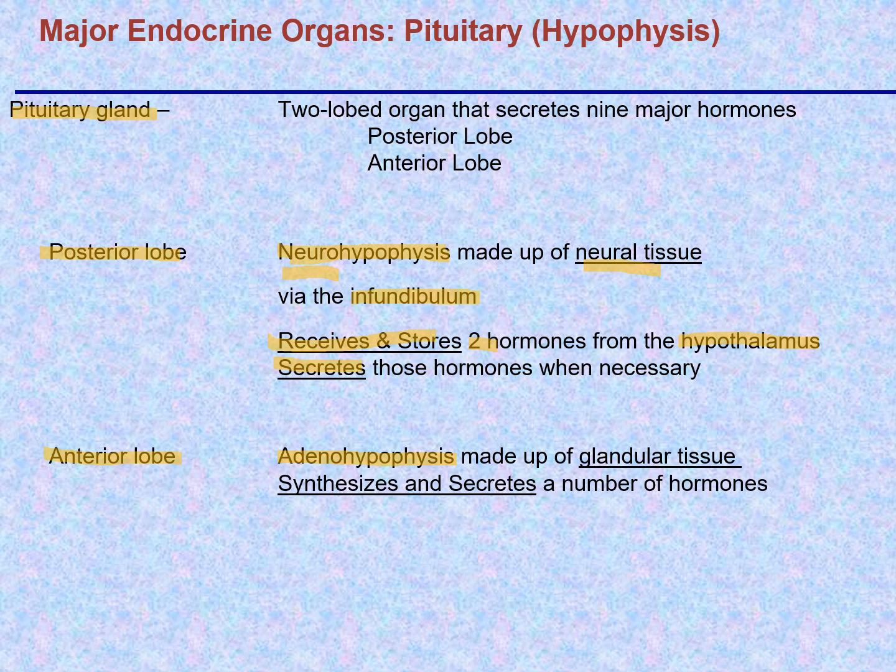The difference being that the posterior one receives and stores and, when necessary, secretes two hormones, and the anterior one receives hormonal signals through the bloodstream from the hypothalamus, but then responds to those signals by starting to synthesize and secrete other hormones.